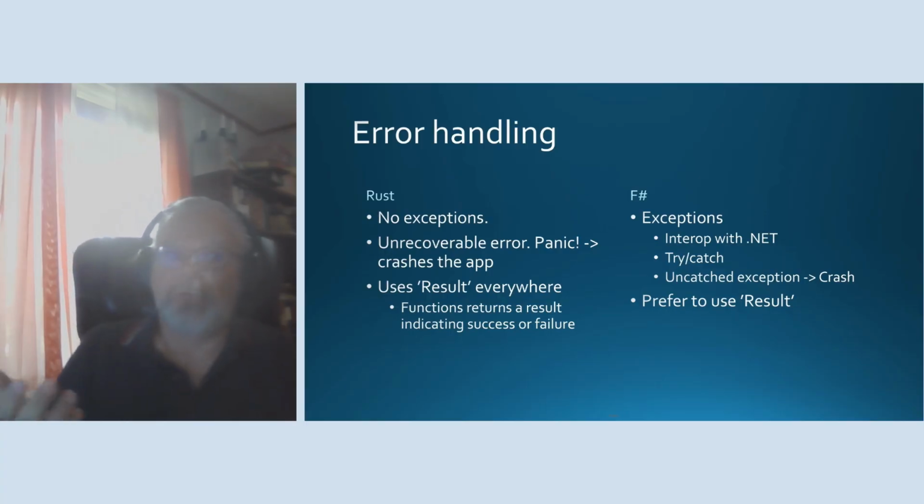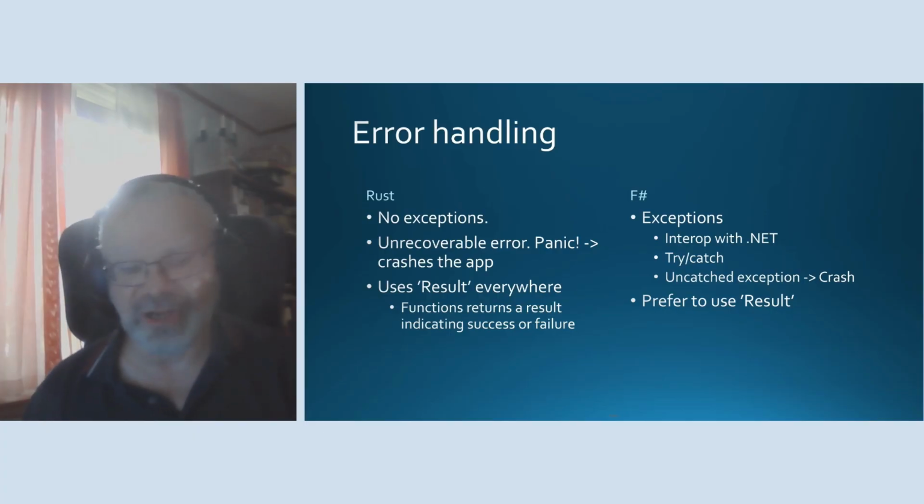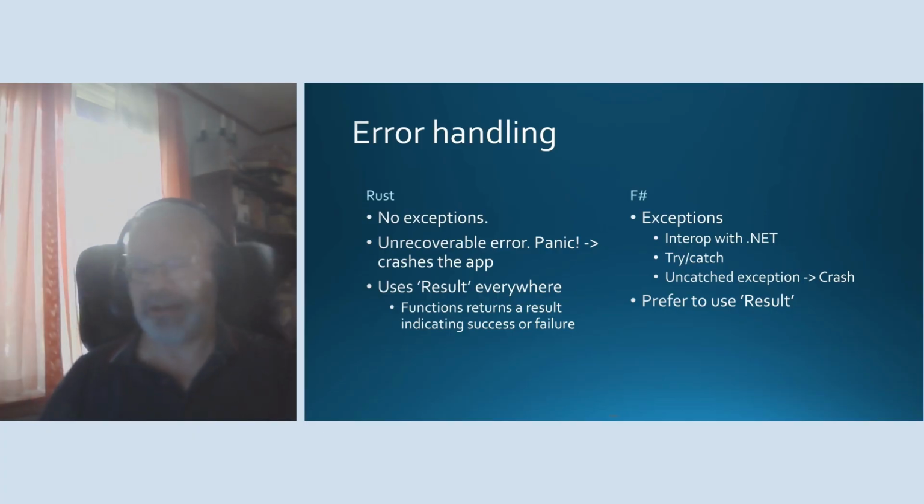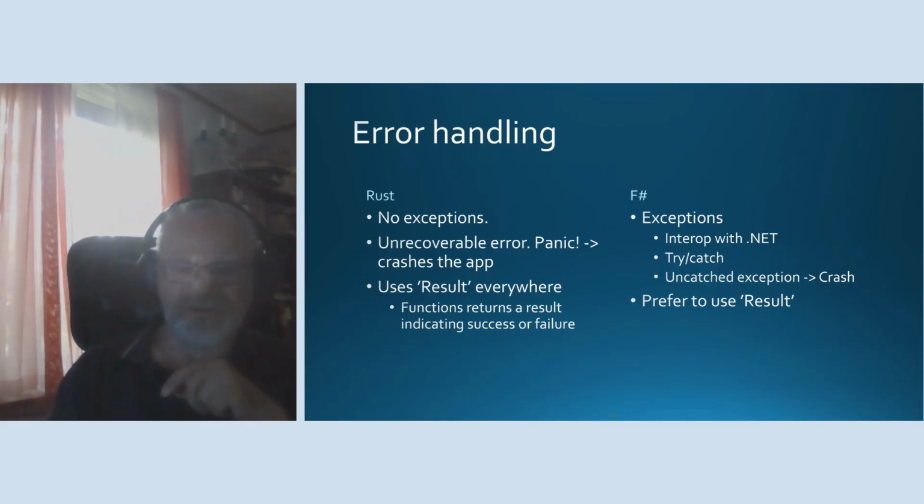Say we're going to read a file and do some computation on the data in that file, and we can't even find the file, and it's pointless to continue. Then we panic and crash. Instead of exceptions, Rust uses results everywhere. That is, every function returns a result indicating if it was a success or a failure. We will look into that.